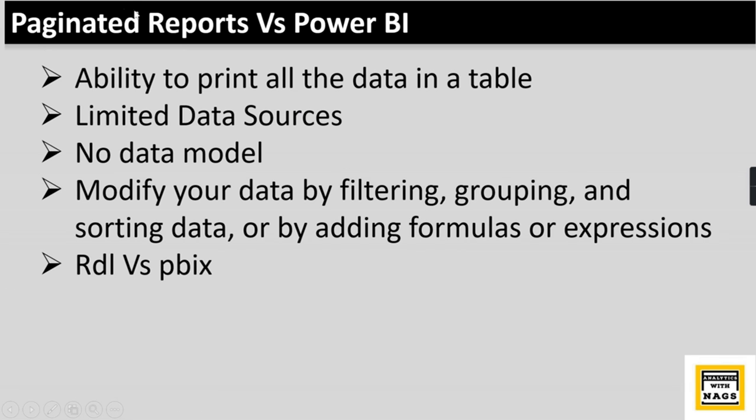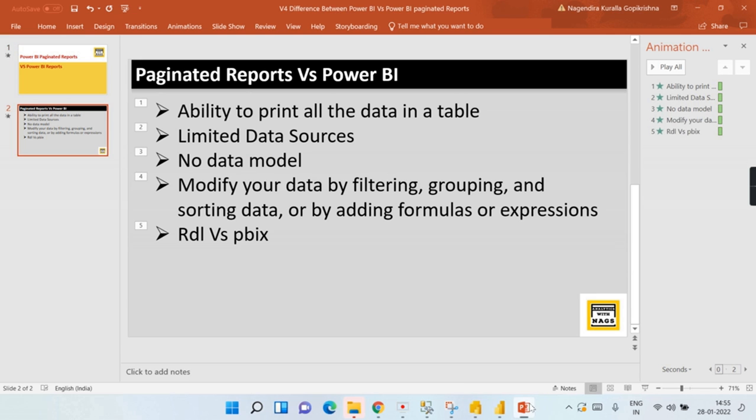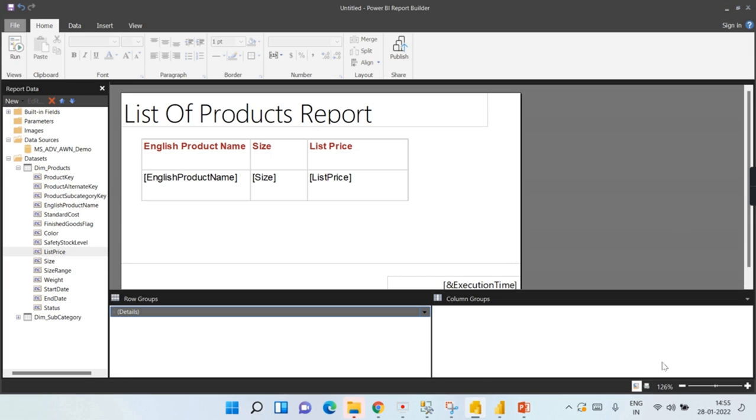The format the paginated report stores is RDL, that is Report Definition Language, and Power BI is the Power BI extension, I think. So this is the core difference between paginated reports and Power BI reports from the development perspective, and there are also certain differences in deployment. Let us try to understand it in a later part of this playlist. Let's start. So we have created this report.